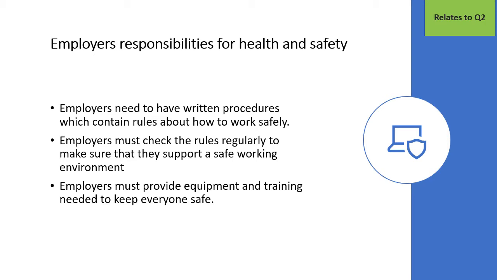So like I said earlier on when we were talking about lifting and using a piece of equipment to lift an individual or a piece of equipment, employers must provide training and that equipment to ensure that you do that in a safe manner. They need to keep up to date with their written procedures because things change on a regular basis. So it's important that the employer is responsible for making sure those procedures are kept up to date and making sure they do that on a regular basis.